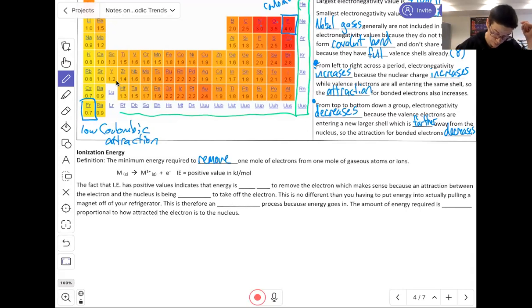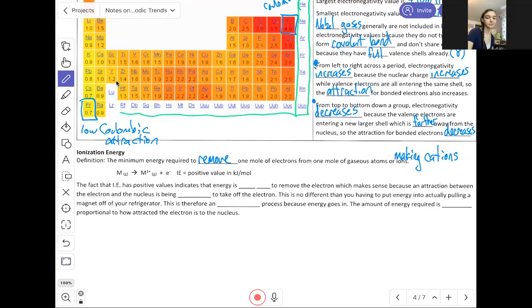And so what we are making is cations. So we're talking about the energy required to make a cation. Now, you already know which side of the periodic table likes making cations, the left or the right? Left. The left-hand side already likes to make cations.